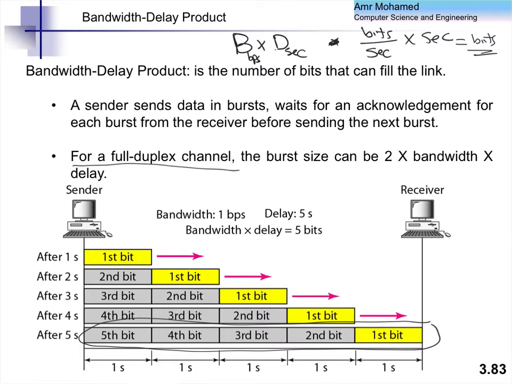Full duplex transmission means 2 nodes, each of them sending and receiving at the same time. So the delay gives me an indication of the amount of bits that I can use to have one full burst on the line.